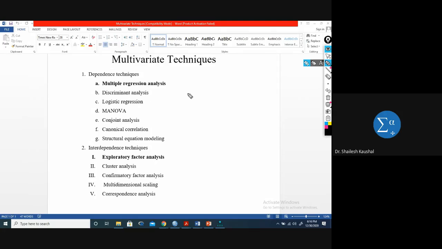Like in the case of discriminant analysis, the dependent variable is non-metric data, and x1 plus x2 plus x3 plus x4 are our independent variables, all metric. It is a condition of discriminant analysis that the dependent variable should be non-metric and all the independent variables should be metric.